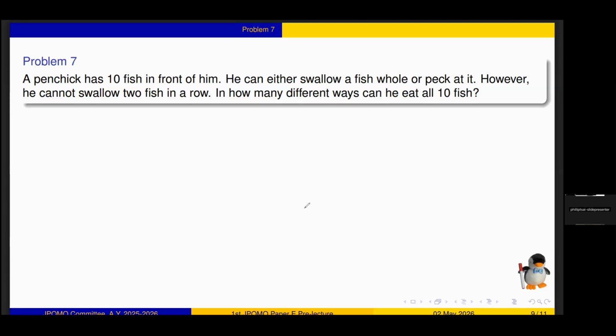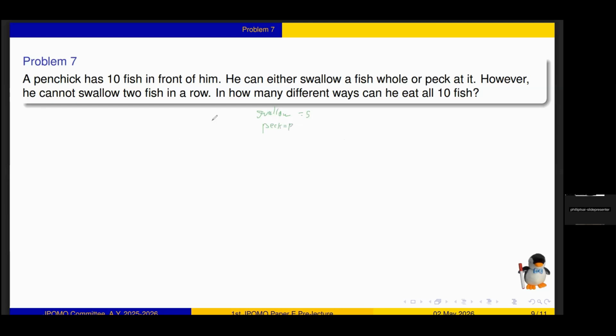Stars and bars. But the thing is, okay, let's call a swallow an S, and a peck, when the Penchick pecks, let's just call it P, right?